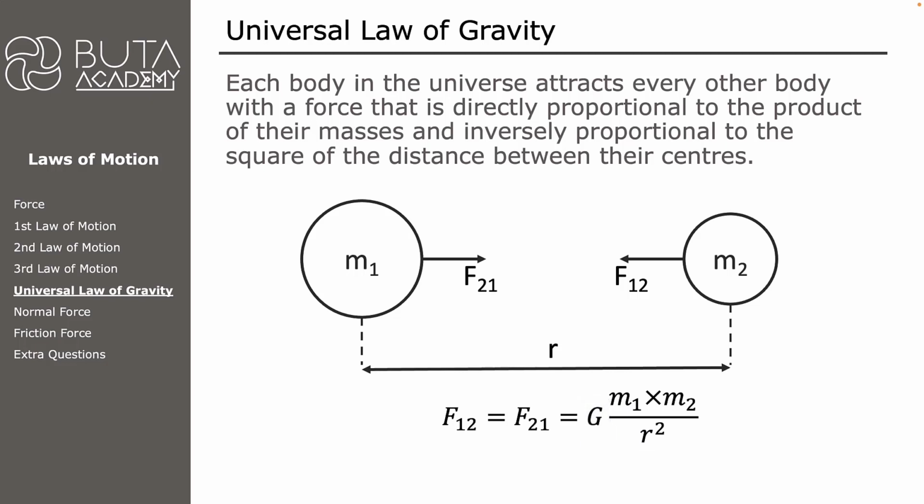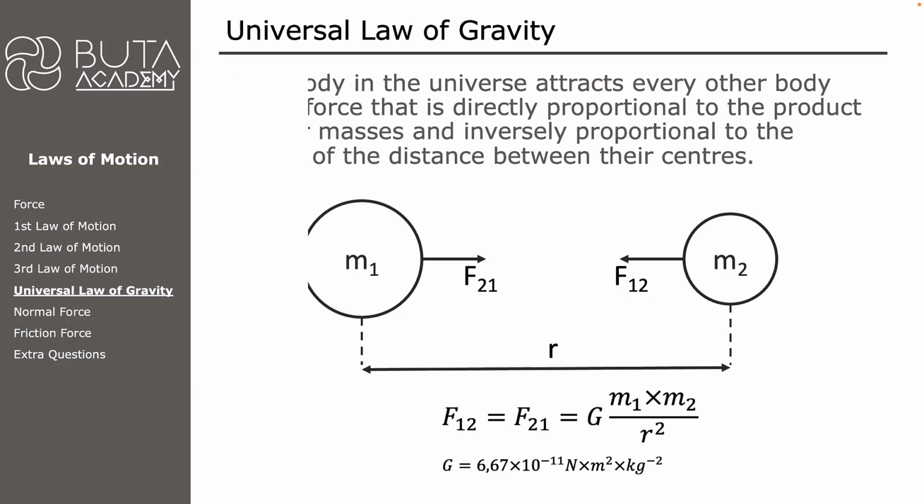Its value is the same across all the universe and is equal to 6.67 times 10 to the power of minus 11 Newton meter square per kilogram square. Please don't confuse this big G with the smaller one, which is gravitational acceleration.